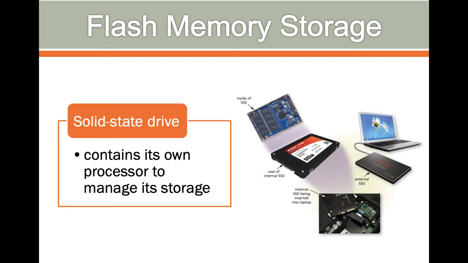Flash memory storage is a solid state drive that contains its own processor to manage its storage. As you can see, we also have an SSD here. We have internal SSD or external SSD, or solid state drive.